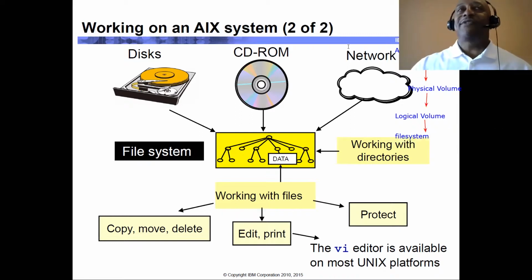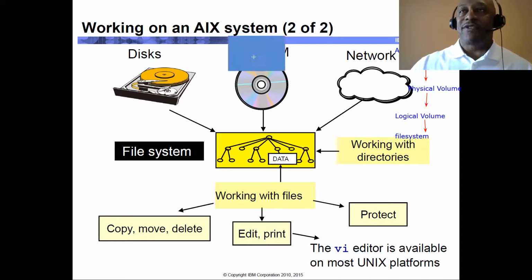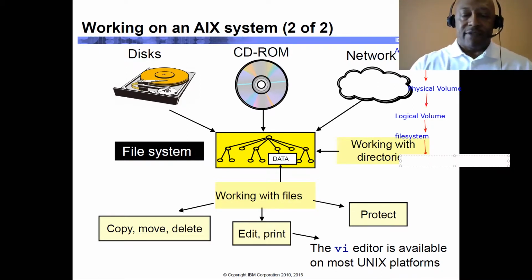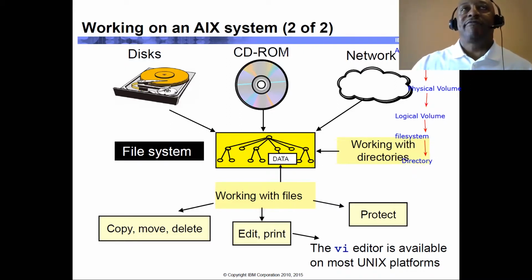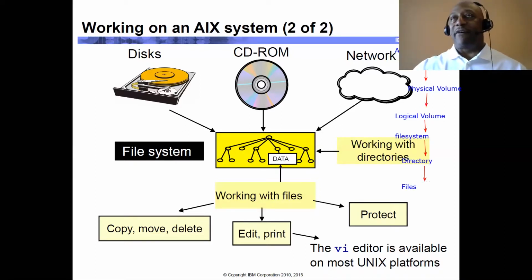File system. And then within file systems, there could be directories, and that would be our next string here. So directory or directories. And finally, at the bottom of this storage hierarchy, we'll have the individual file or files. And that's our fundamental AIX storage hierarchy.